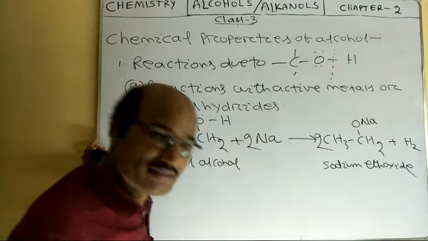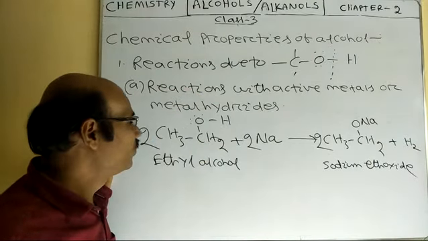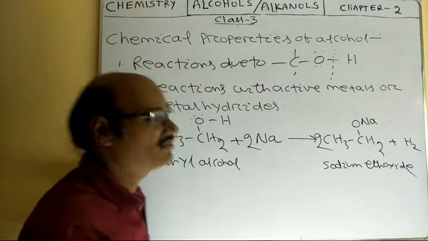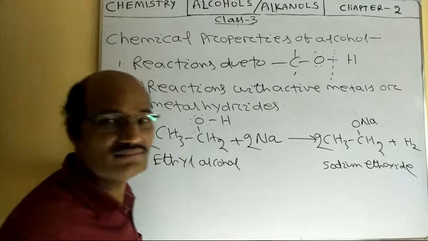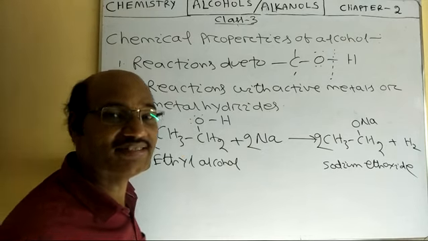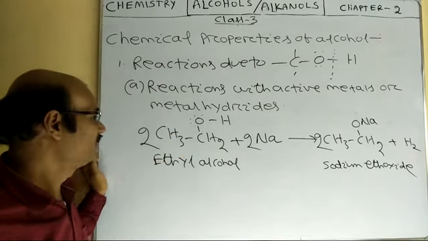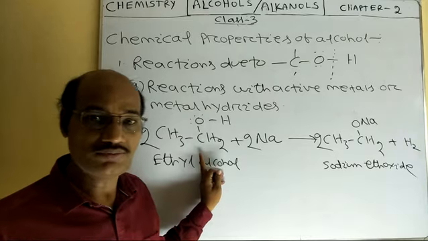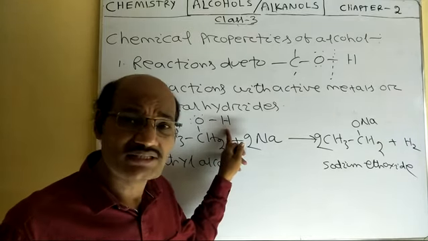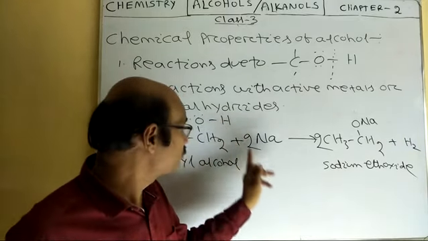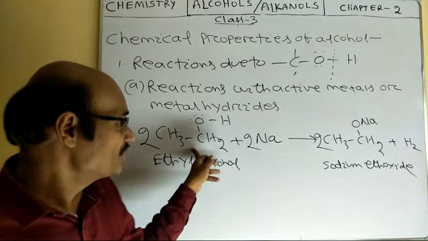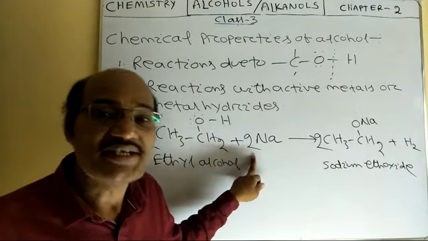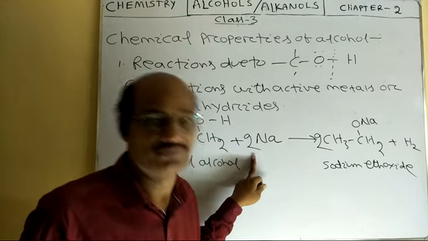So any species which can replace a hydrogen atom by a metal atom can be considered an acid, because in this alcohol the hydrogen atom is replaced by the sodium metal, so this is an acid. So this reaction shows the acidic property of alcohol.